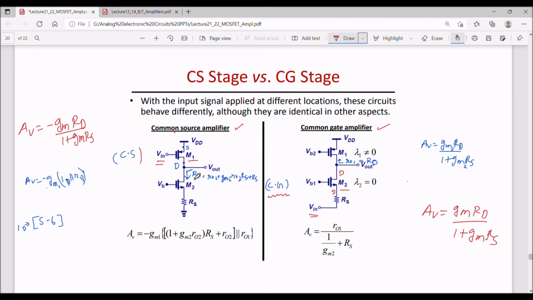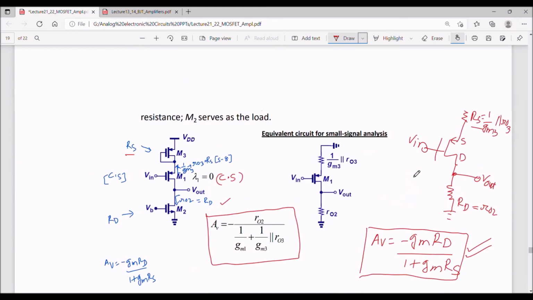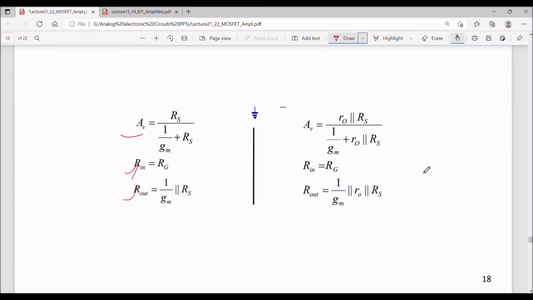Now, knowing that, for this circuit, looking into the drain of this M2, I can write RD. Let us say looking into the drain of this transistor, the total impedance is RO2 plus GM2 RO2 RS plus RS. This we had found, so we are simply using the output impedance that we have found here.